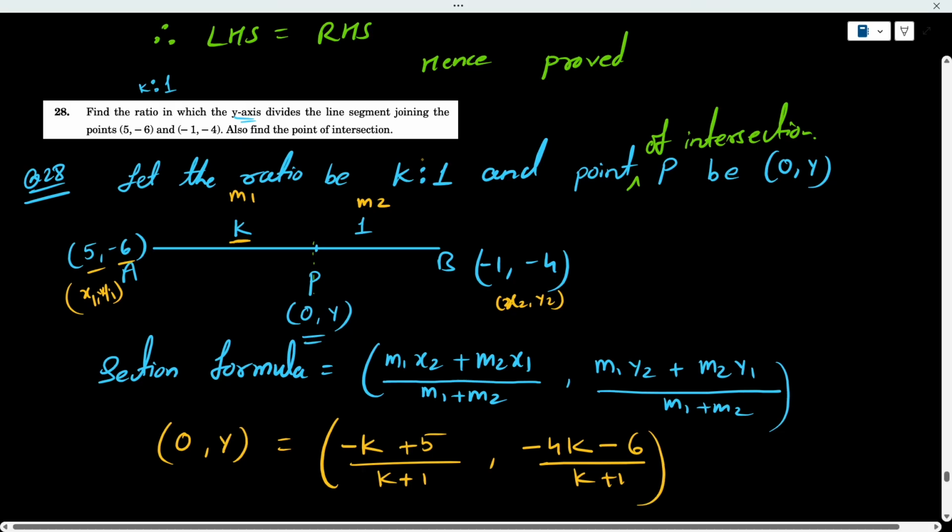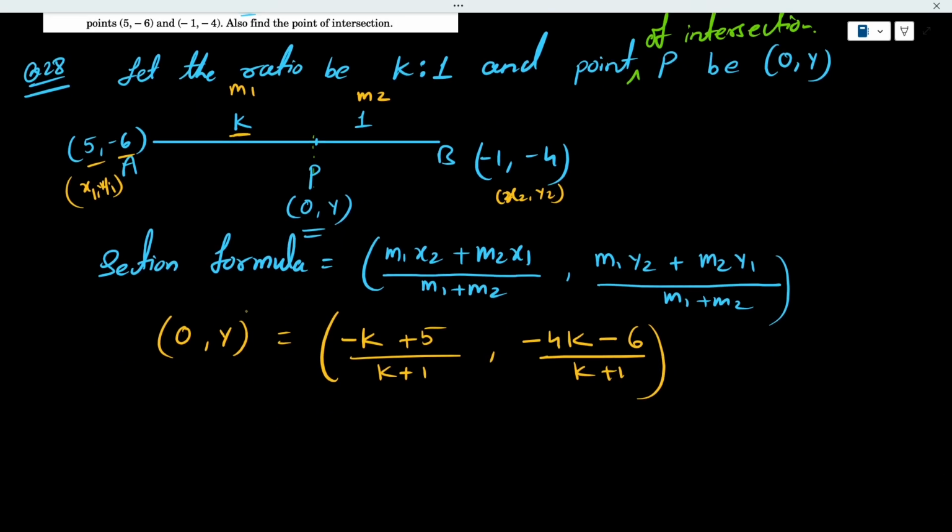The right hand side is the coordinates of point P. When you do the comparison, you can see that 0 will be equal to this and y will be equal to the y coordinate.